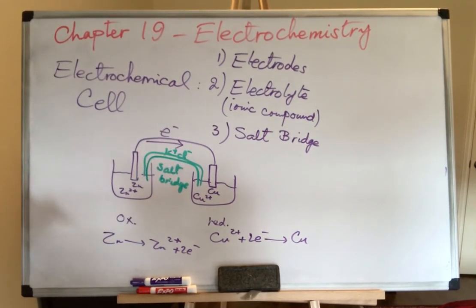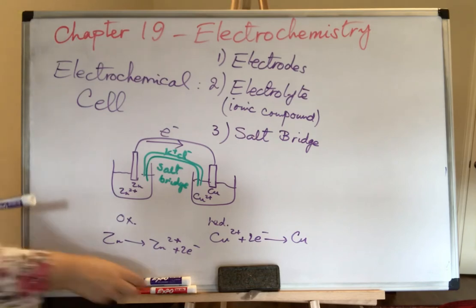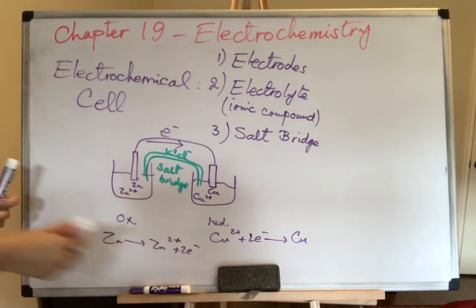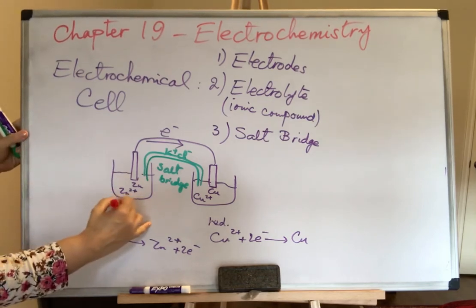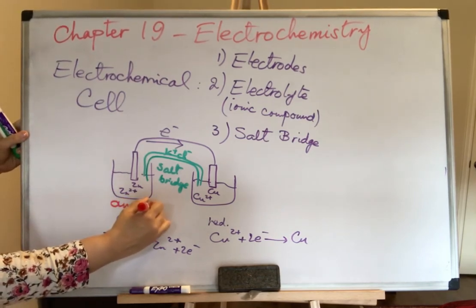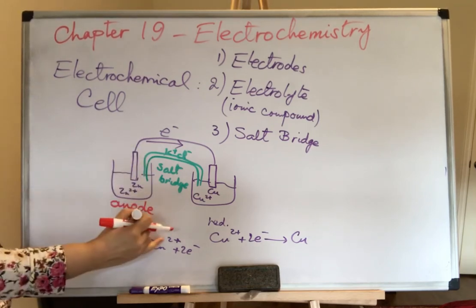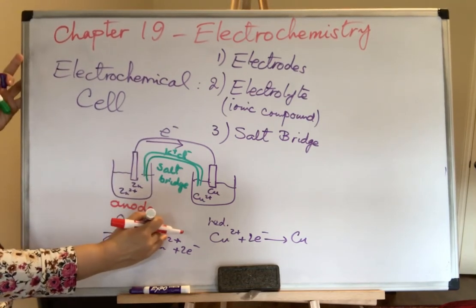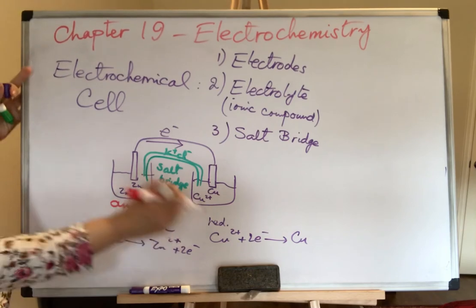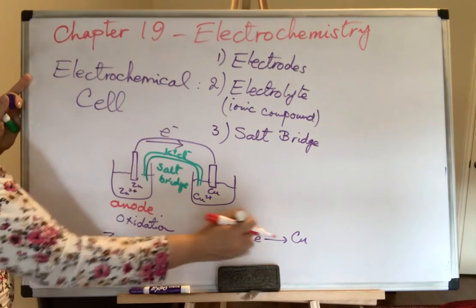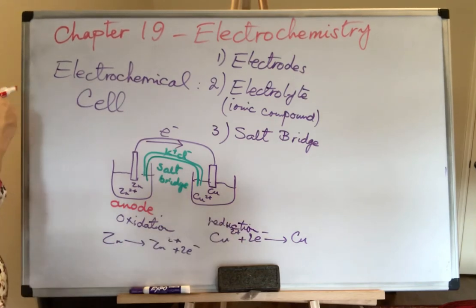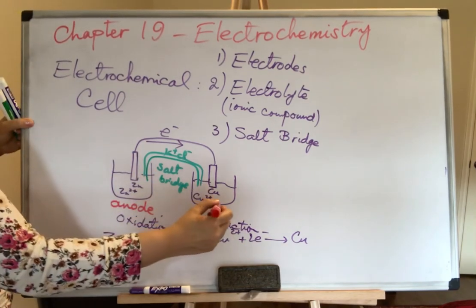Now, it's important to label. The electrode in which the oxidation happens is called anode. Anode, oxidation happens. And the electrode in which the reduction happens is called cathode.